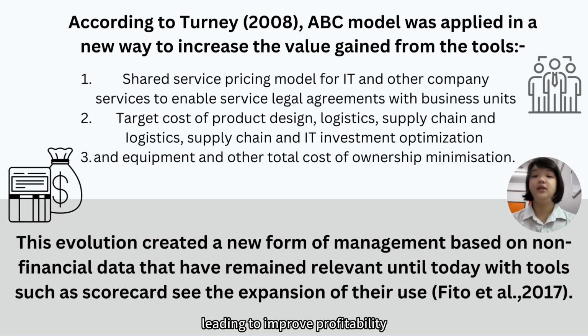Furthermore, the activity-based costing model aids in equipment and total cost of ownership minimization. By utilizing the model, organizations can make informed decisions regarding equipment investment and effectively manage their overall cost structure.